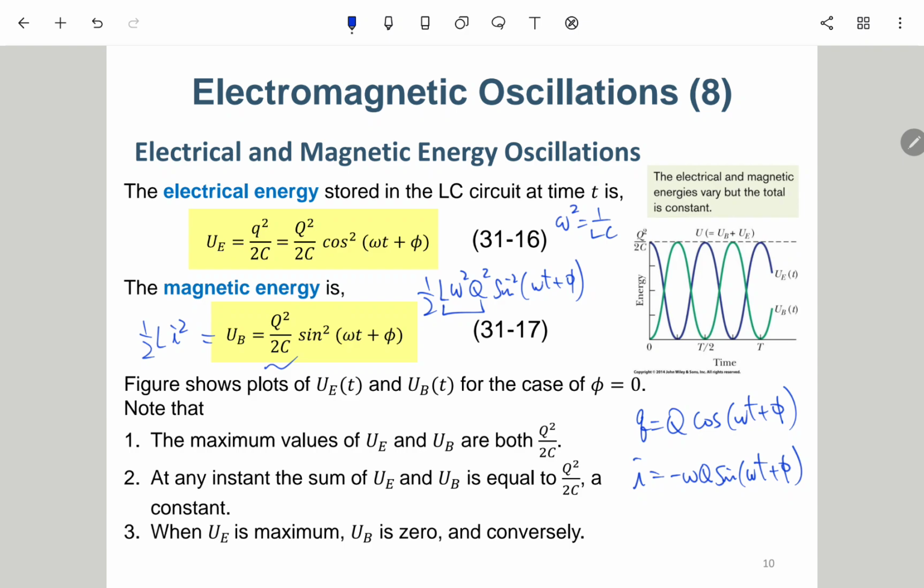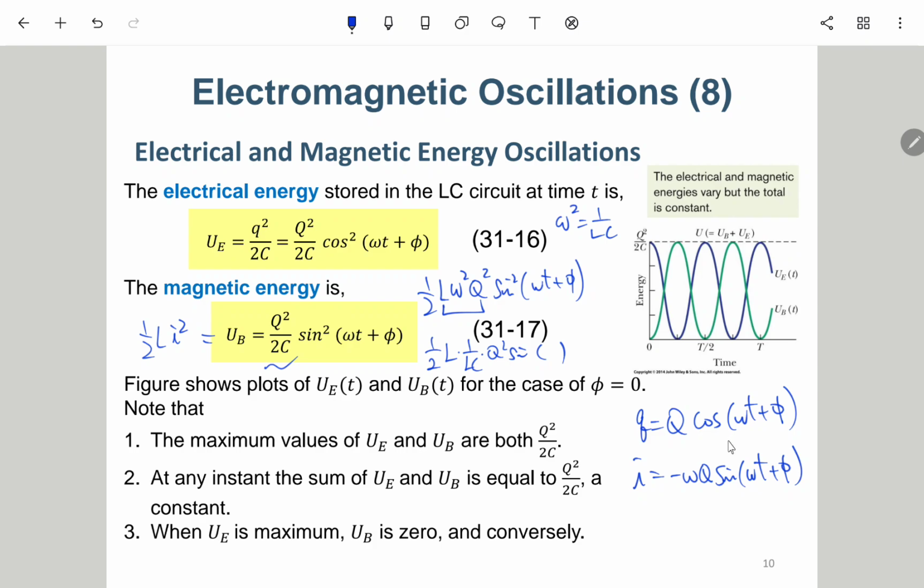Omega squared is 1 over LC. So here it becomes one half L times 1 over LC, and then times Q squared sine squared of this stuff. Okay, so L and L cancel, so it becomes Q squared over 2C, and then sine squared of this stuff.